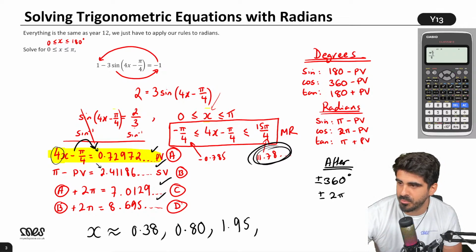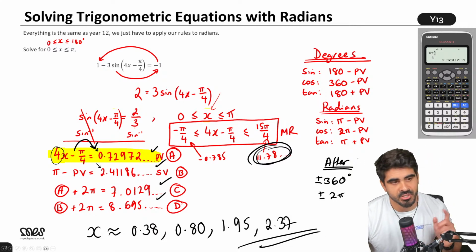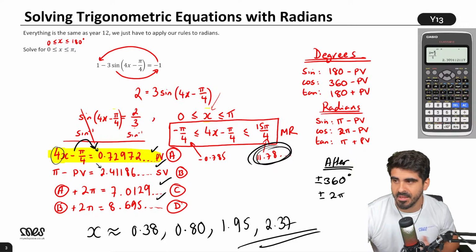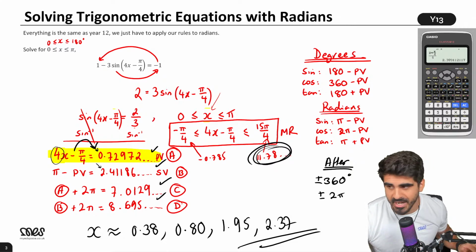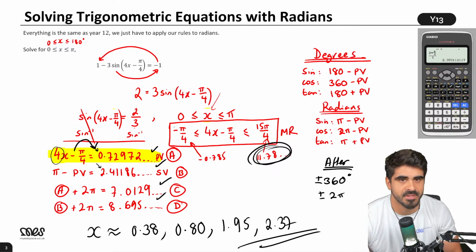No time wasting. Then 2.37. And there you go. There's no loss of accuracy because you've stored the values. So what I've got on my screen is the most accurate answer you can get, and it saves you a ton of time here.